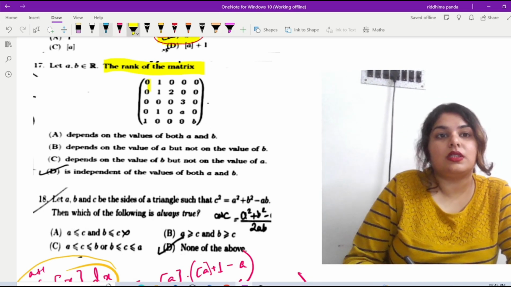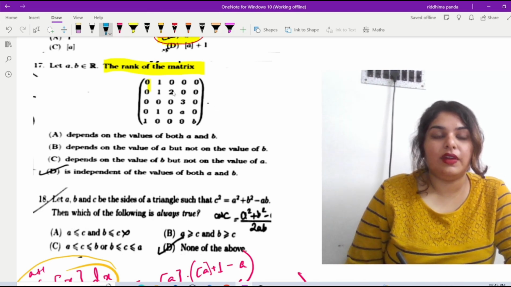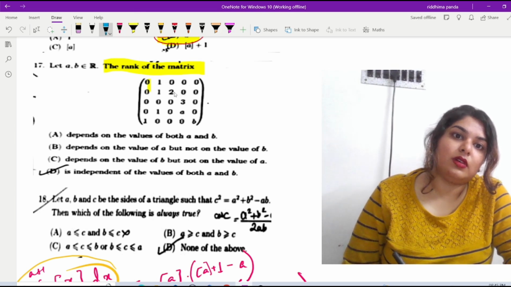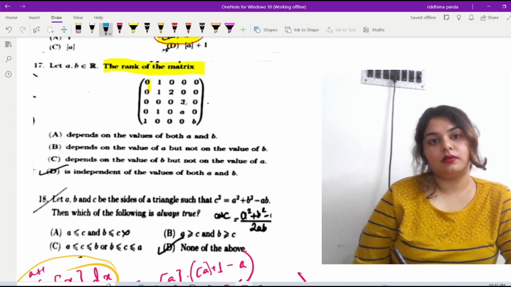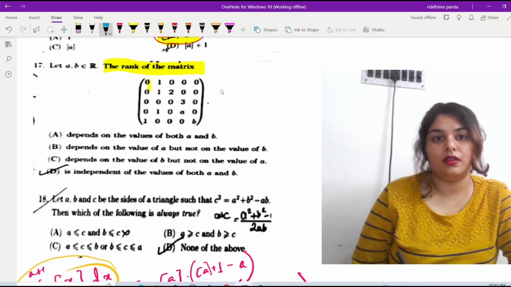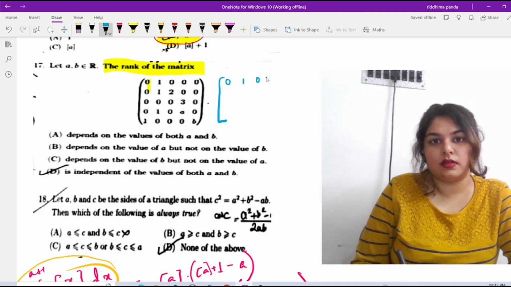First of all, let us simplify this matrix. We will try to eliminate the numbers other than 1 and 0. First, let us write down the first row as it is.